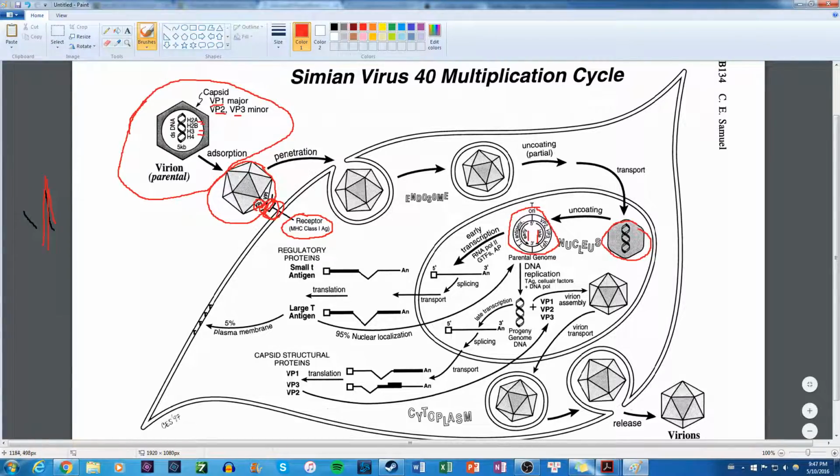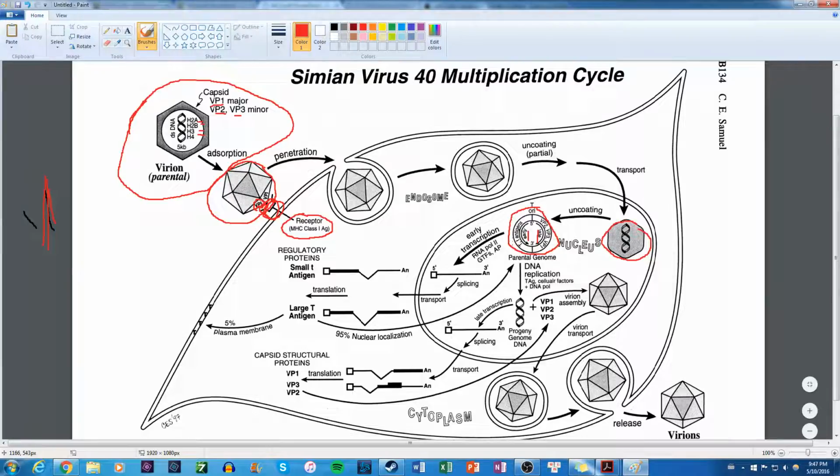So what the T antigens do is that they allow SV40 to force the host cell to proliferate. And when a cell proliferates, it has to turn on its cell machinery. It needs to turn on its replicative machinery, its DNA synthesis machinery. It has to start translating proteins.